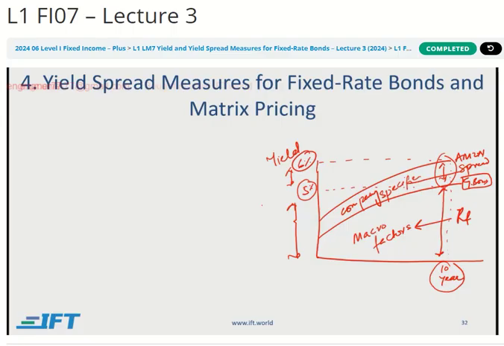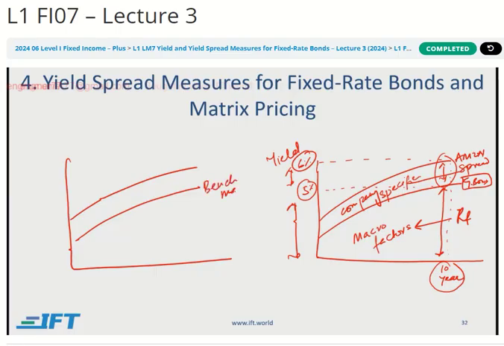But very often when we are making this type of comparison, the benchmark that we use is not the government rate. Sometimes we use the interbank rate, which the banks are lending to each other at, right?